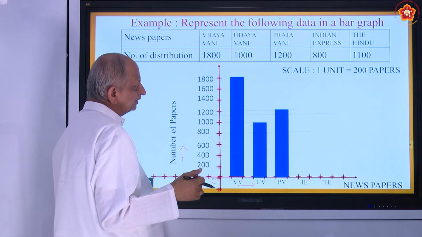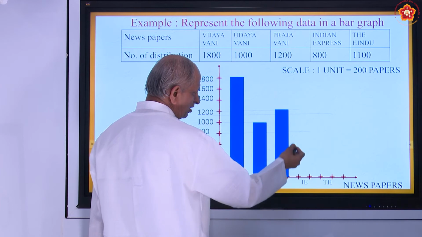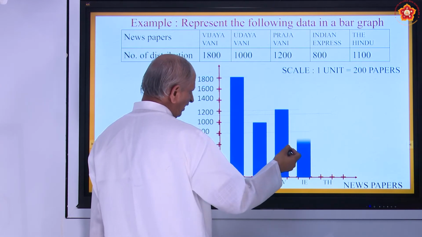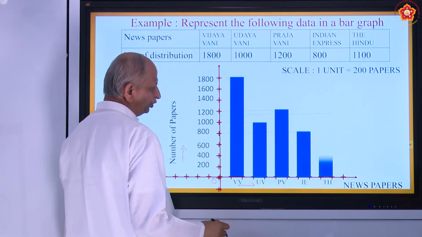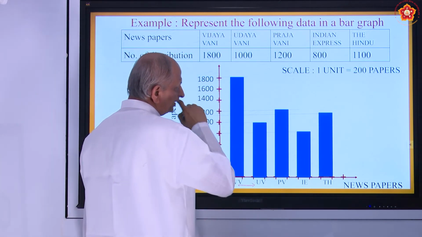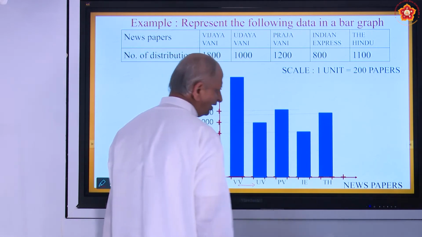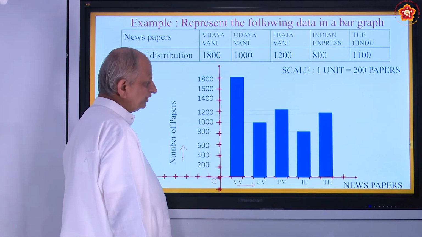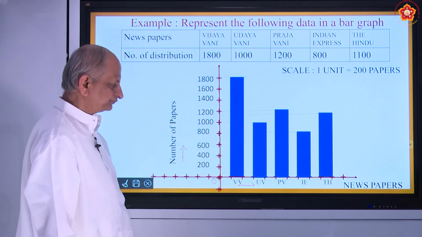Then coming to Indian Express, it is 800. So from here you must draw a vertical column up to 800. Coming to Hindu, that is 1100. So for 1100 you must draw this one. So this is how the bar graph is drawn.